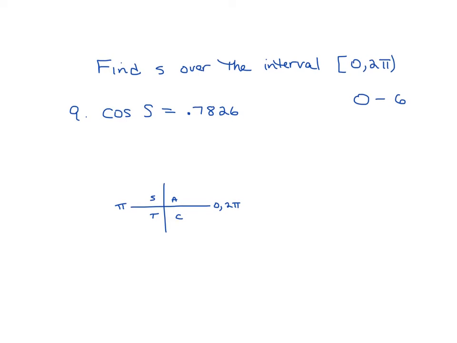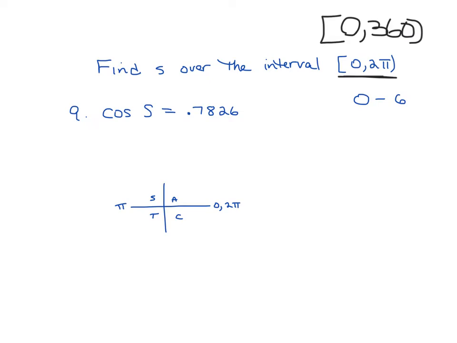Now notice here, my restriction on my interval, remember before, this was from 0 to 360. Now notice it's from 0 to 2 pi, and again 2 pi is equivalent to 360. So it's still the full circle, and again we still have to bring in our all students take calculus to figure out where our two answers are going to come from.